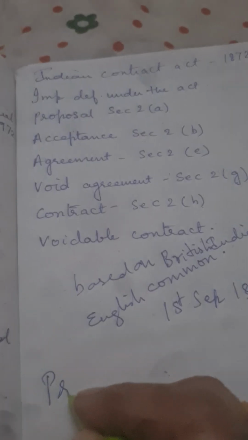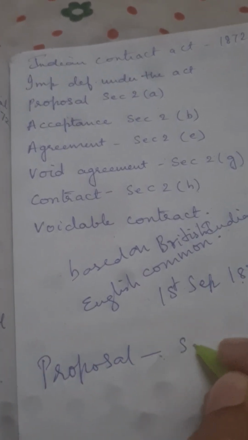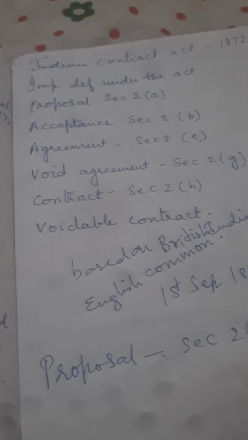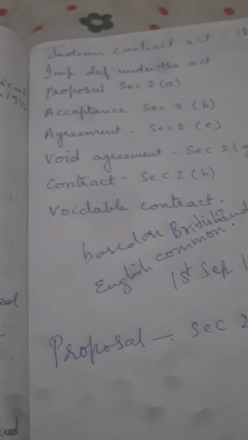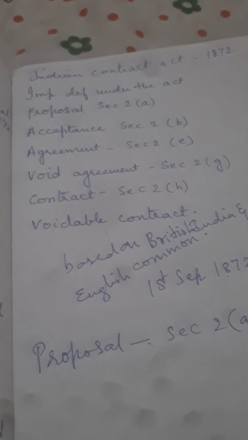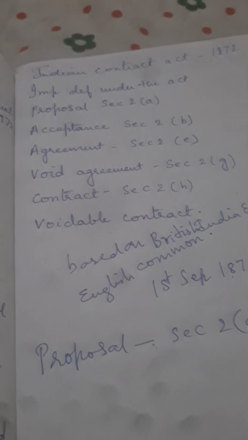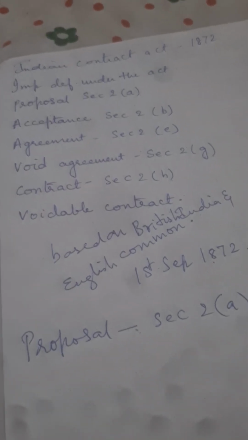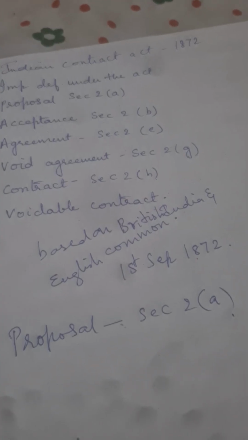The first and foremost thing which is important is proposal. Proposal we can study under section 2A. When one person signifies to another person his willingness to do or abstain from doing anything with a view to obtaining the assent of that person to such act or abstinence, he is said to make a proposal.